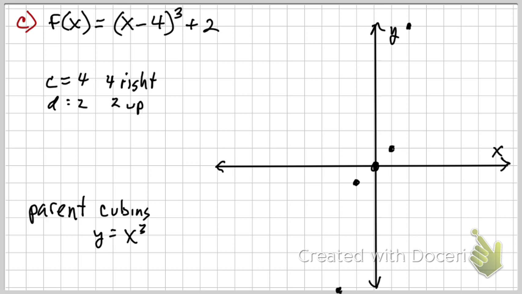So each one of those points is going to go 2 up and 4 to the right. Okay, this leftmost point here should be at negative 2, negative 8. So what's that going to do? It's going to go 4 right and 2 up.